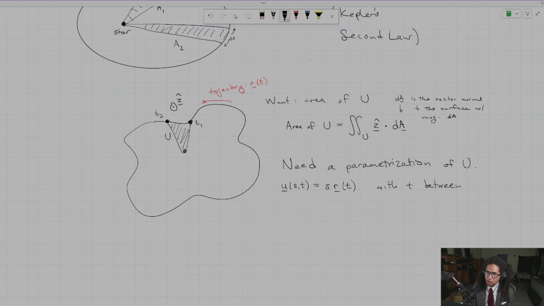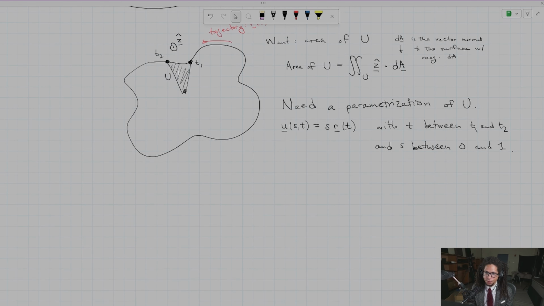Okay, so I'm going to have t between t1 and t2, nothing surprising there, and s between 0 and 1. So that way I know that I get everything in the middle because I never go past this boundary where the particle actually travels.